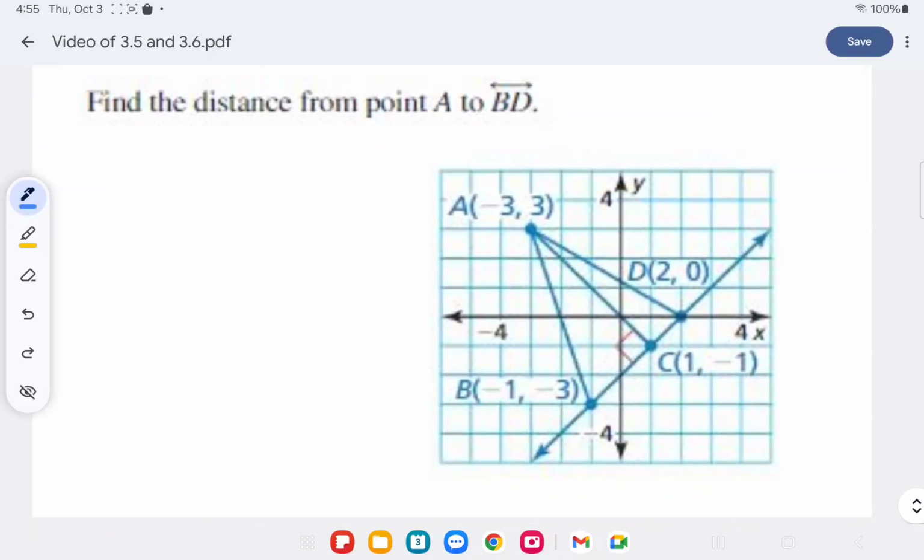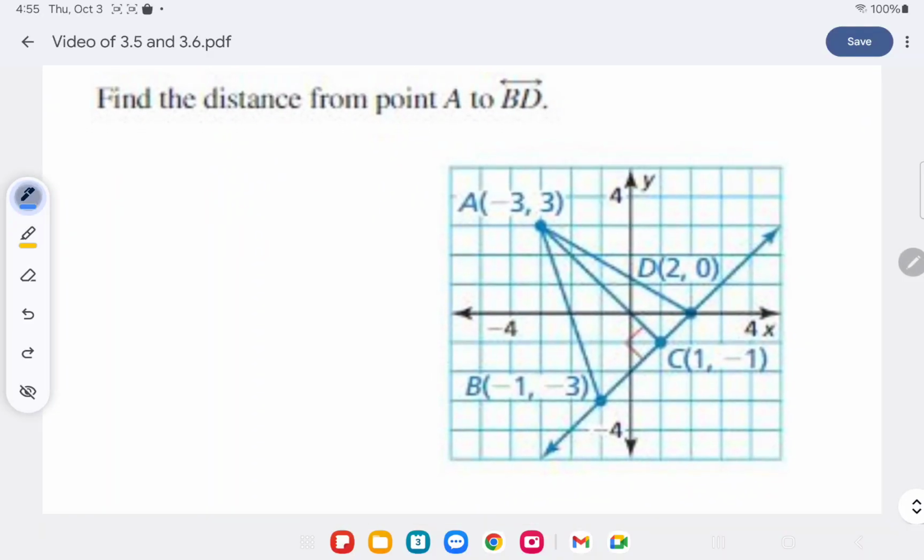So in this picture, if it says find the distance from point A to line BD, it wants you to find the perpendicular distance. So if I find the distance from A to B, that is a distance from A to the line. And A to D is a distance from A to the line, but it doesn't make a right angle with the line. So that's not the distance we're looking for. We're looking for A to C. That's the shortest distance from A to the line.